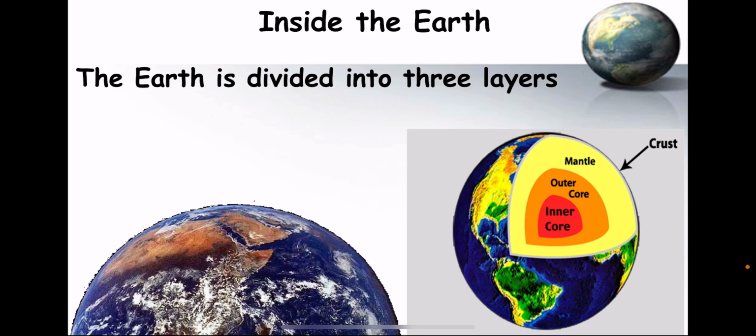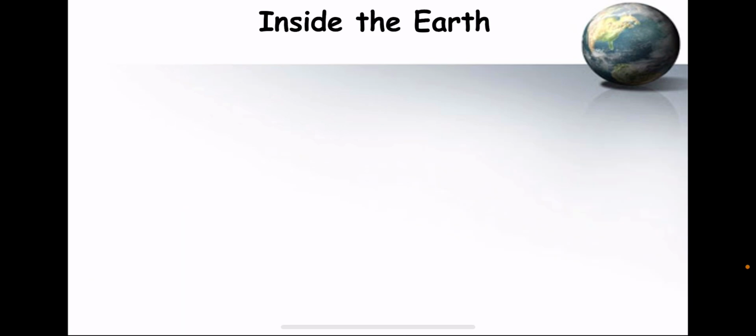The first one is the crust, then the mantle, then the outer and inner core. Outer and inner core, we will consider them the same, but they are divided. The outer core is the outside and the inner core is the center of the earth. Today we will read about these layers and what they are.